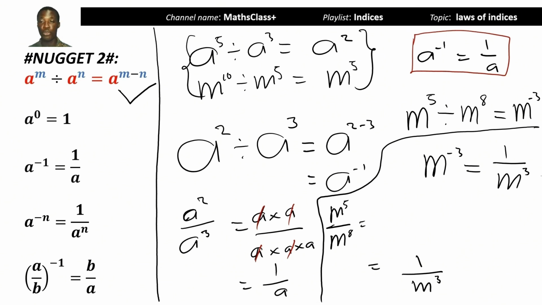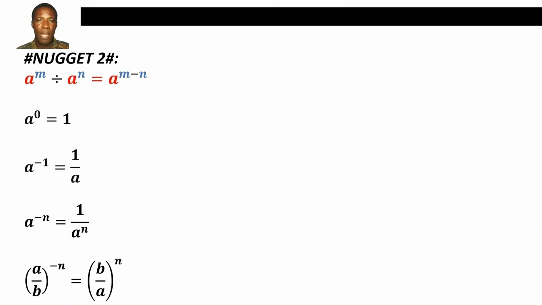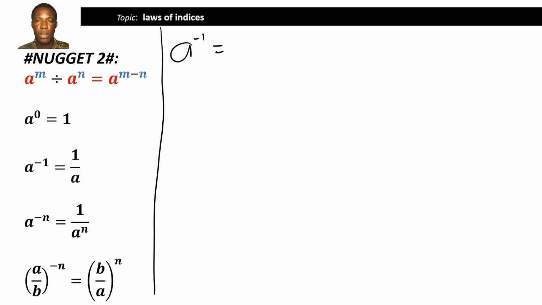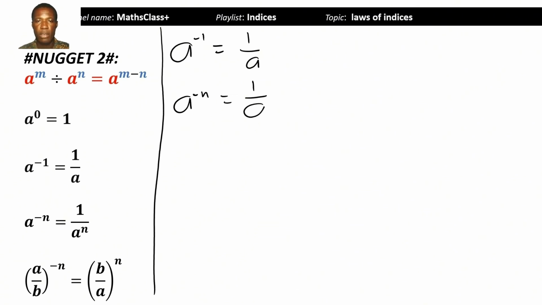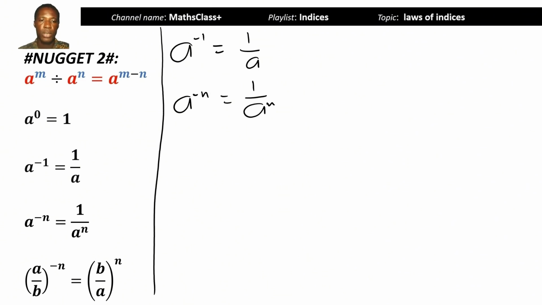This is how we present it. Okay, I hope this is understandable. We have established that a to the power negative 1 is the same as 1 over a, and we have also seen that a to the power negative n is equal to 1 over a to the power n, right? Good.